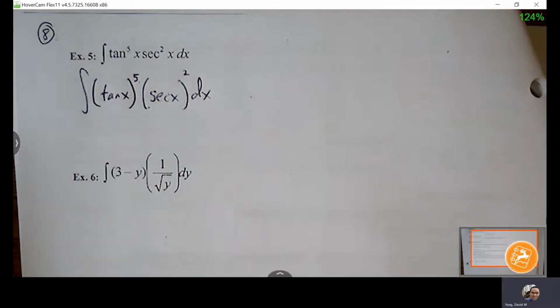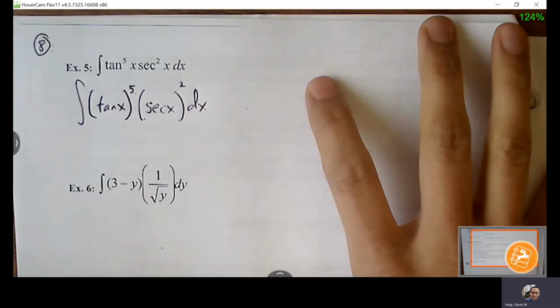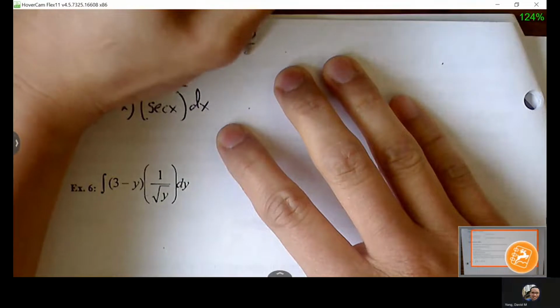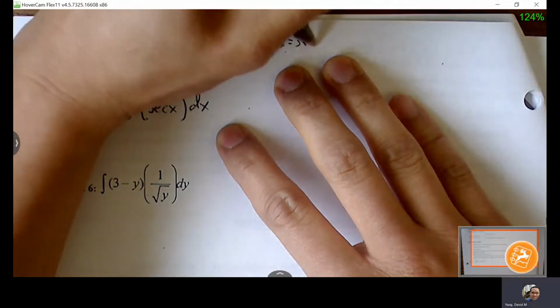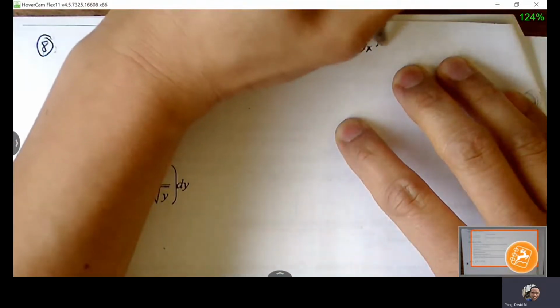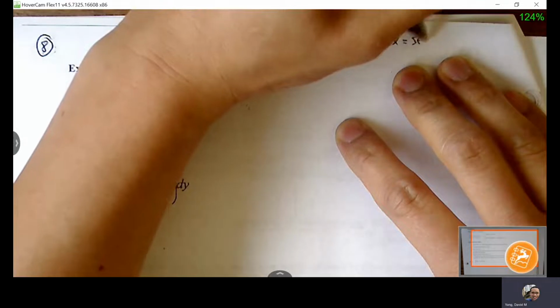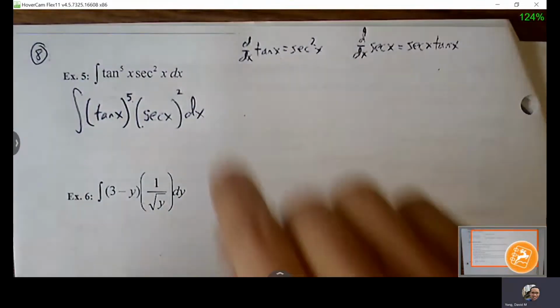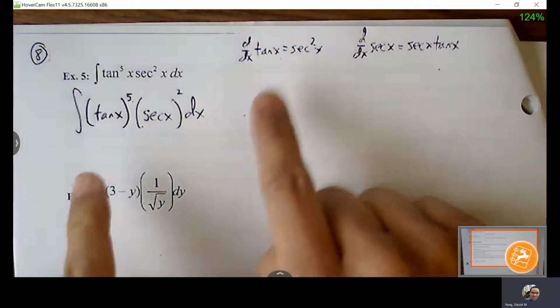It's either tangent is the u value or it's secant. Okay, so before we jump and commit to one u value, let's look ahead, right? We know the derivative of tangent is secant squared. We know the derivative of secant is secant tangent. So which do you think would be the better fit?